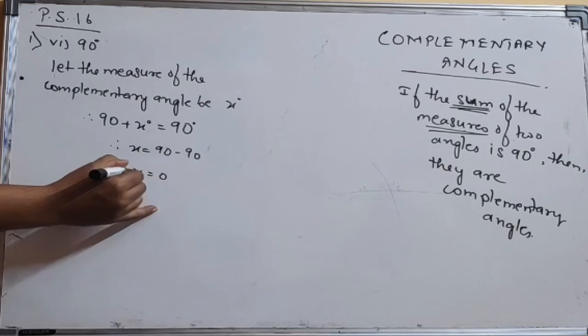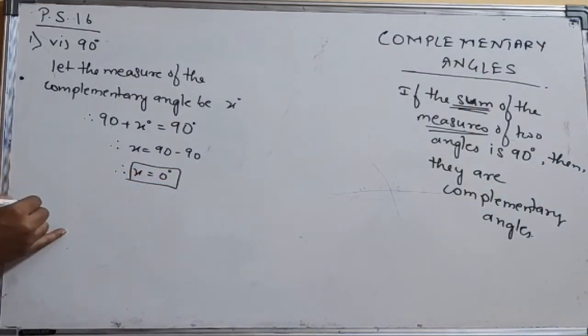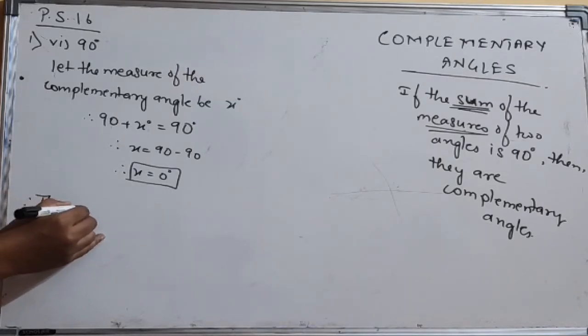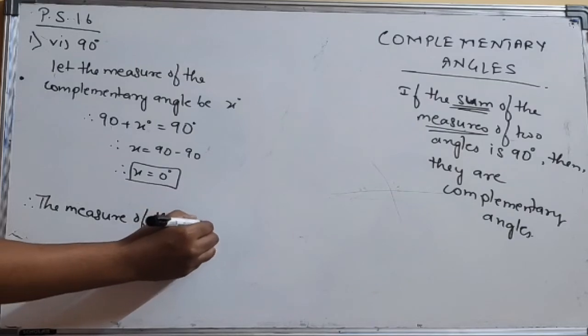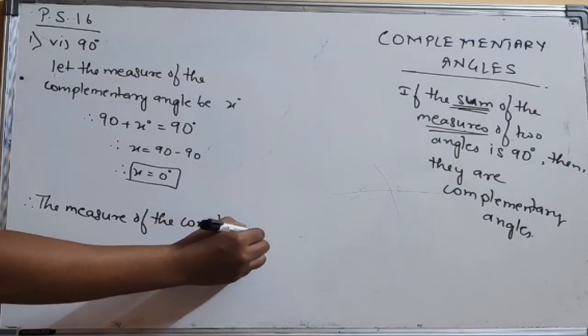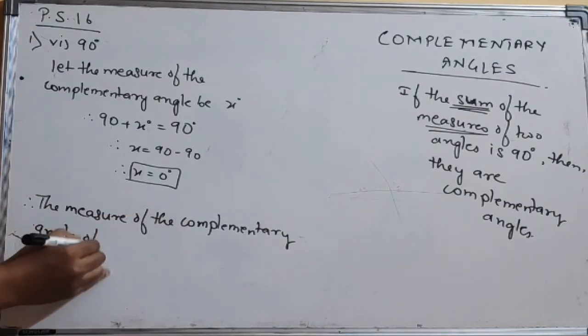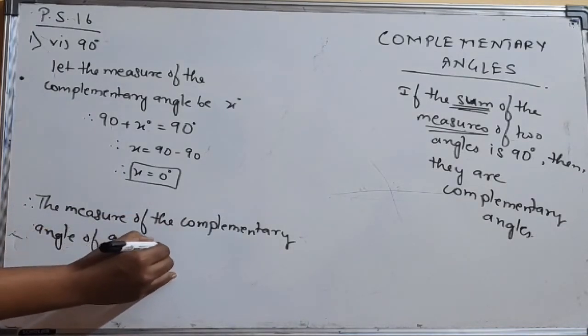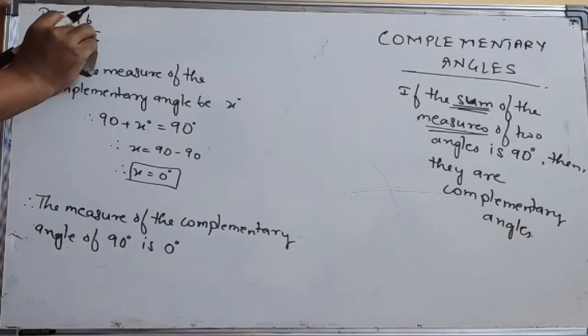Therefore, x is equal to 0 degrees. So the measure of the complementary angle of 90 degrees is 0 degrees. I hope this is clear for you all. Now let us look at sum number 7.